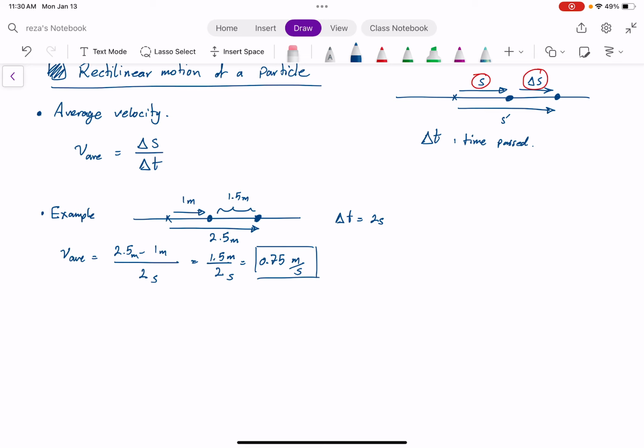Now this is the concept of average velocity. The question is, what happened in between? Was the particle moving always with this velocity? A good example here is, imagine you're stuck in a traffic jam. You move about 2 miles down the road in 2 minutes, so you can calculate the average velocity to be 2 miles divided by 2 minutes, or 1 mile per minute.